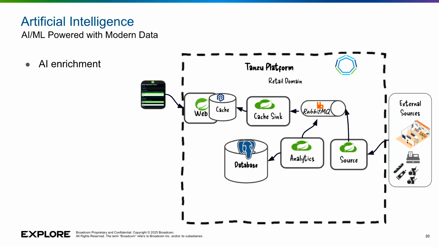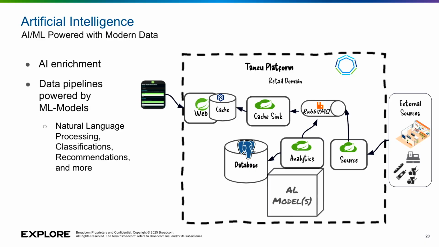And now that you have your data pipeline, you can easily introduce artificial intelligence concerns, right? So maybe you introduce natural language processing. For example, if you are accepting things like customer reviews or product reviews, you can determine the sentiment of those product reviews.